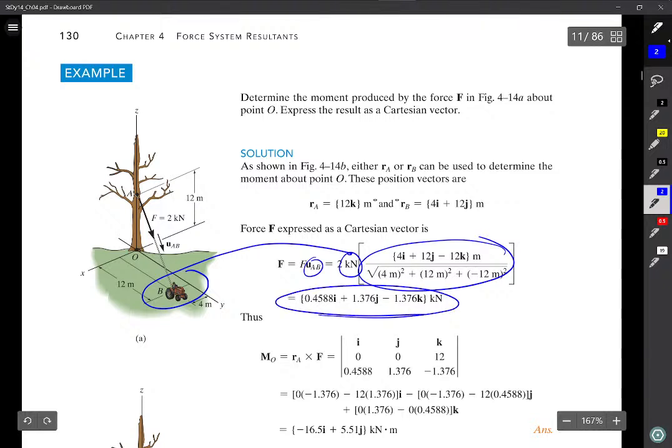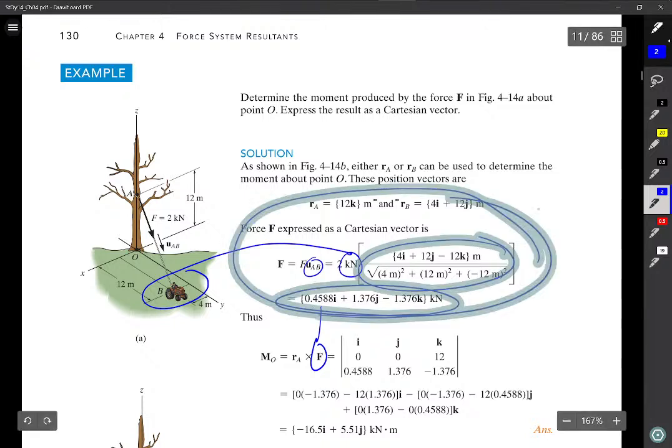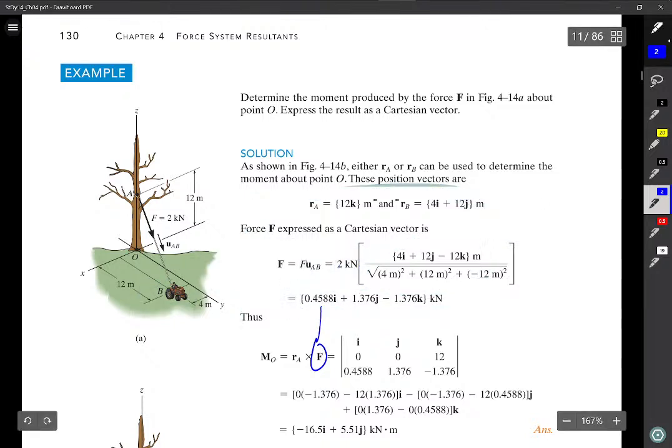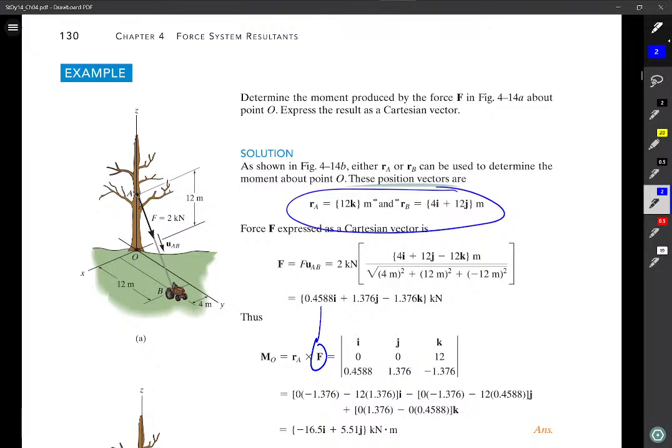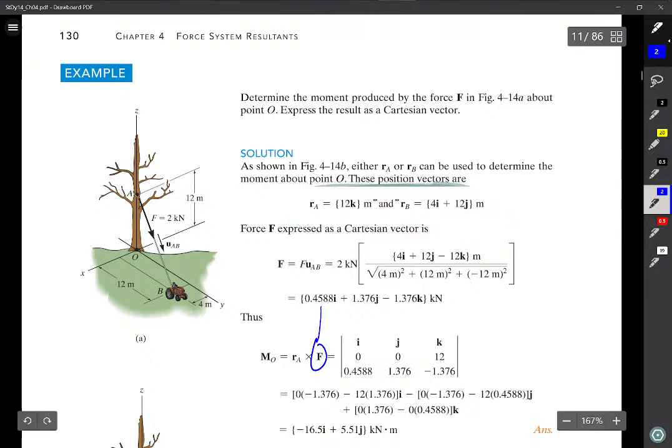Once you have that force, you did all the stuff that you had in the last chapter in order just to find the force. Now that you've done that, what's interesting is you had to have that vector of the rope, and now that vector serves two purposes.